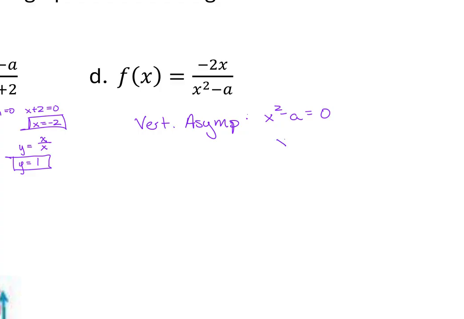And I'm going to go ahead and do the square root property. We move our a to the other side. We take our square root, and we get plus or minus the square root of a. Okay, and the important thing here is we have 2.